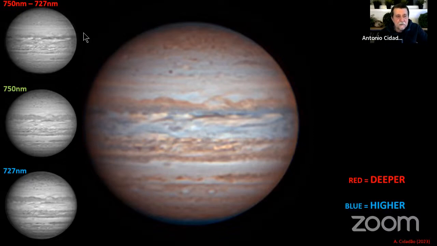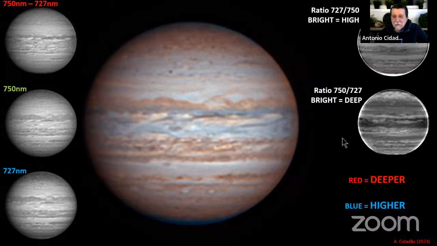The problem is to know or to define the true height of these clouds, due to the concept that there is some blanket of high thickness clouds at about one bar.